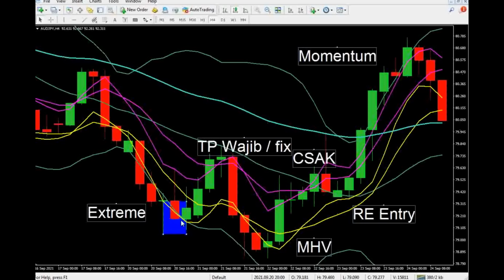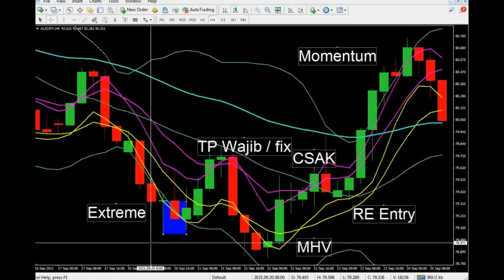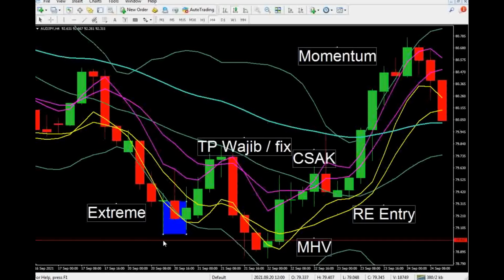So in here we already know where the open position is placed, and now the cut loss position is lower than the lowest price of this rejection candle, so it can be in here or here.